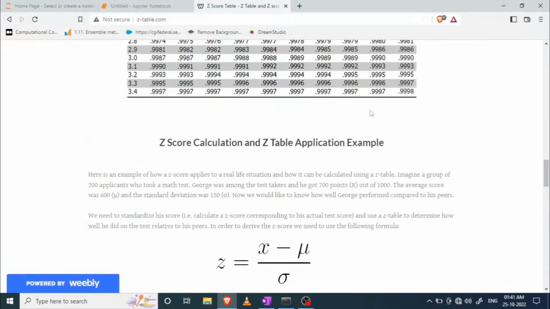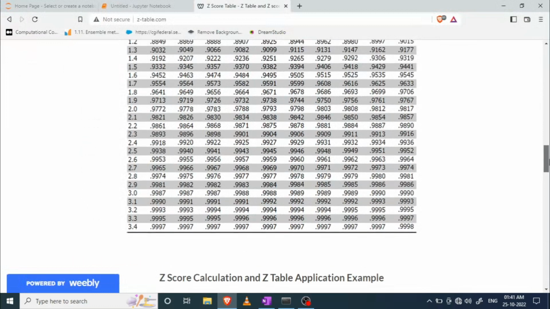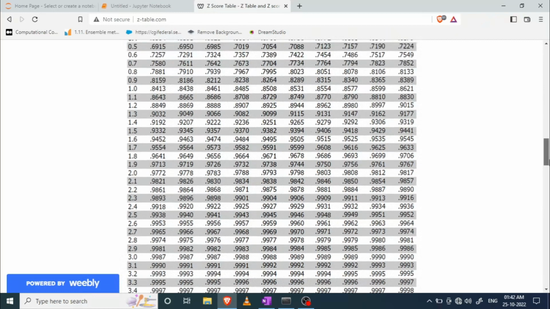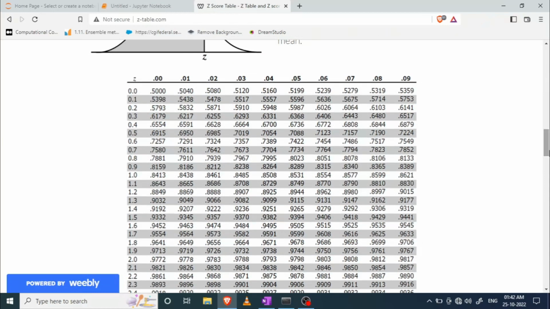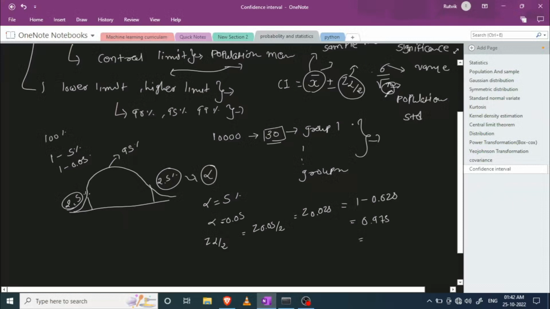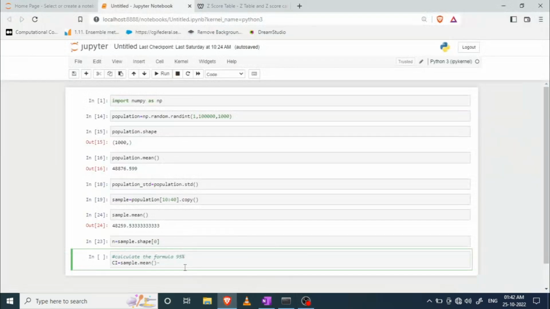So I'm going to check this 0.975 value in the Z table. So here we have a Z table, and we are going to search 0.975. So here 1.9 and 6. Okay, so we have a value 1.9, and another value is 0.06. We are going to add these values, so we have 1.96. Okay, and we are going to use this value in this formula.